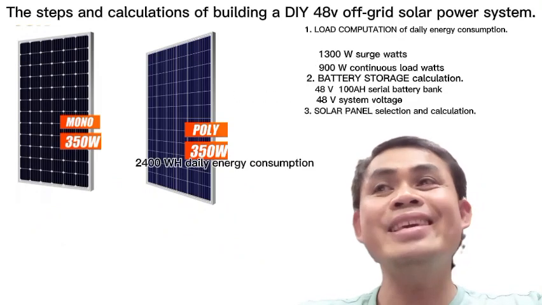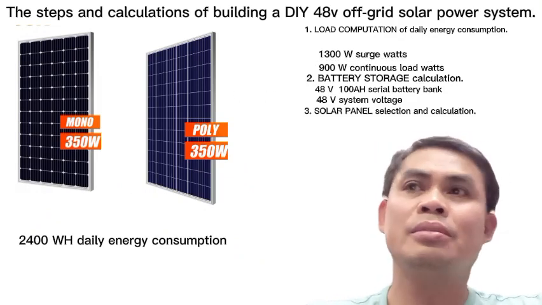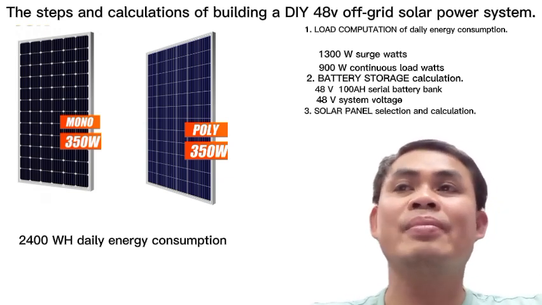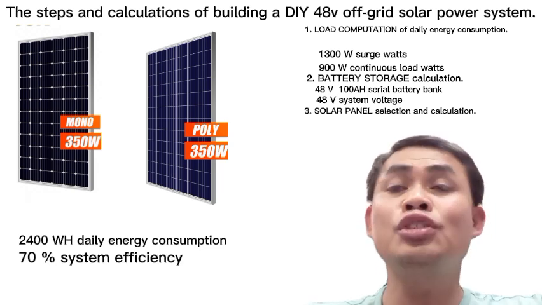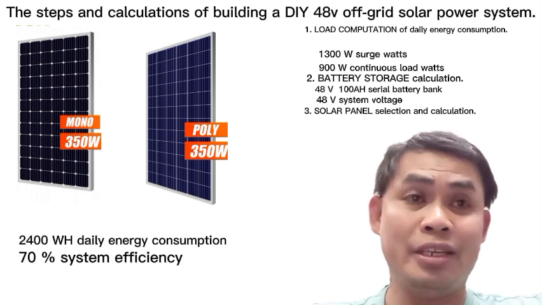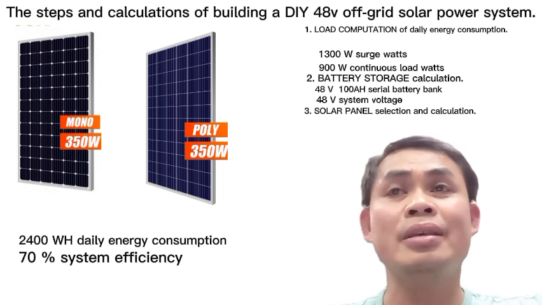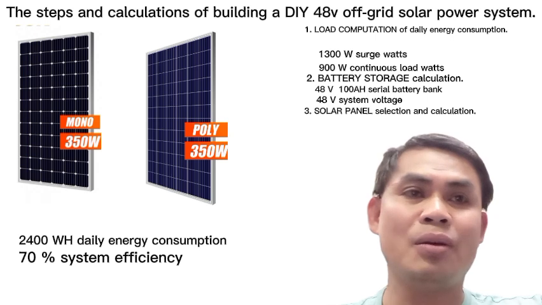Remember that our daily energy consumption is 2,400 watt-hours, and a typical solar power system has an efficiency of 70% due to dust collection on the solar panel, shading from clouds or trees, and wiring losses, which depend upon the sizes of the wire and connection.